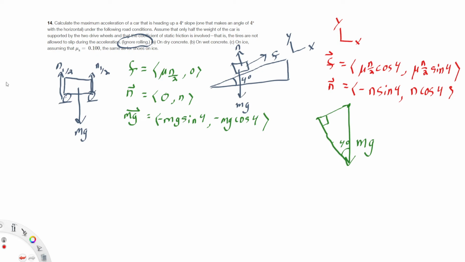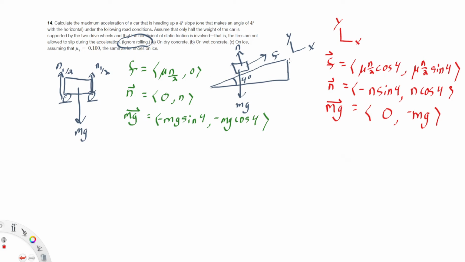Why do we use trig in the red? Because we're pointing our coordinate systems in a different direction, right? If our x direction is horizontal and our y direction is vertical, that means our weight goes in exactly the y direction, but our other two forces do not go directly in the x or y directions. So we have to break them down with some trig and triangles.